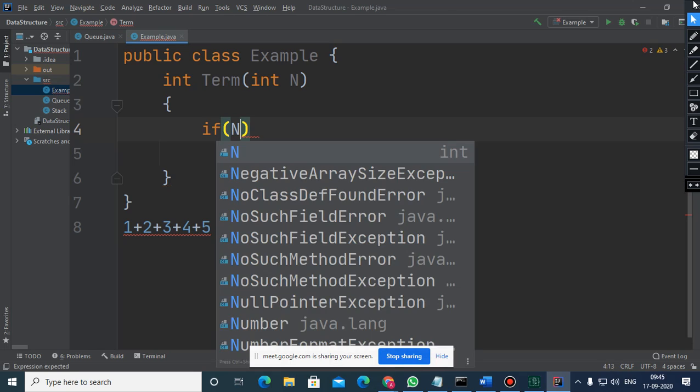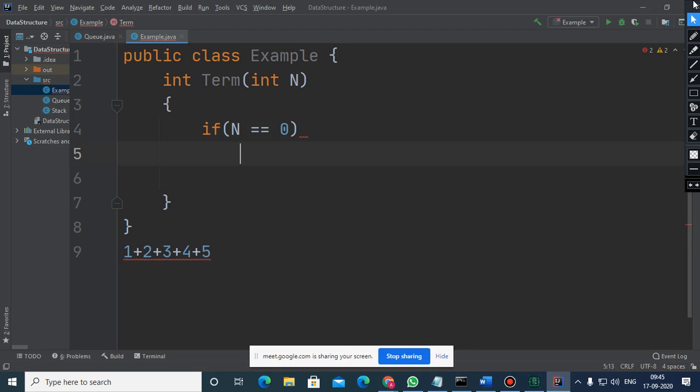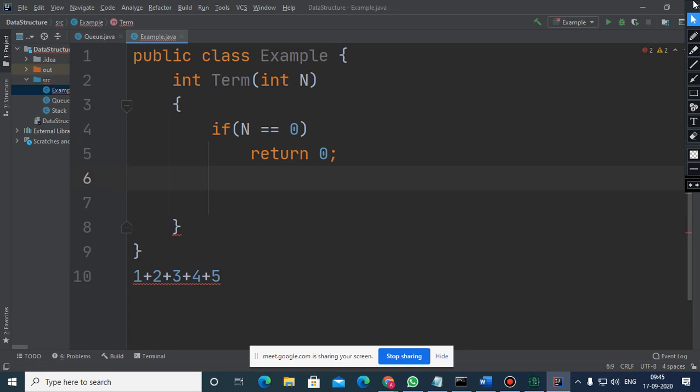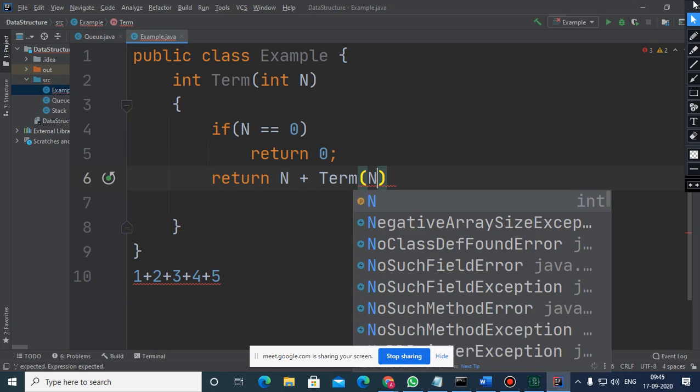The base case will be if n is 0. It is the situation when the value of n becomes 0, and in that case we need to return the value 0 here. And if not, then we have to execute the rest of the part, that is n plus term of n minus 1.